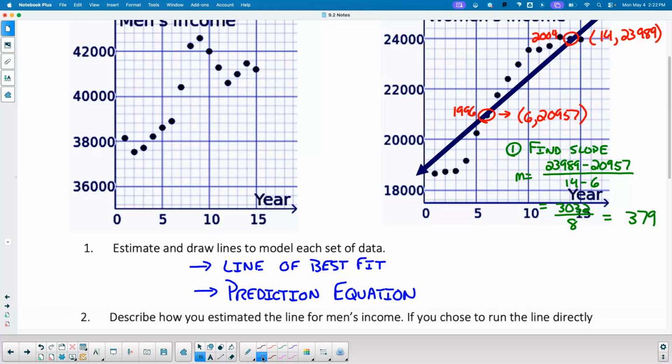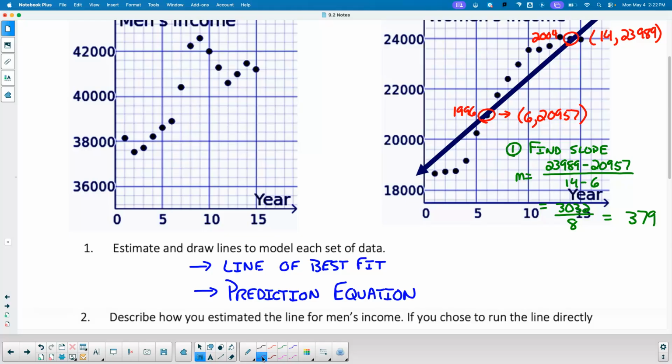So what am I going to use to find that b? Point slope form or slope intercept form? They're both different. It's one or the other.